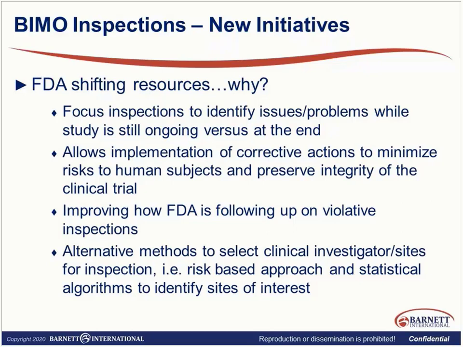And then also, the FDA can look at some other alternative methods, so they can select investigators or sites for inspection, looking at, say, a risk-based approach or some areas of interest through statistical algorithms. So, say, for example, we have a high SAE rate at a particular site or sites, or we have a high enrollment rate that occurred, or at one time all these patients came in. What's going on here that's different from the other sites? Or we had a lot of subjects that withdrew. Why did they withdraw at this site?